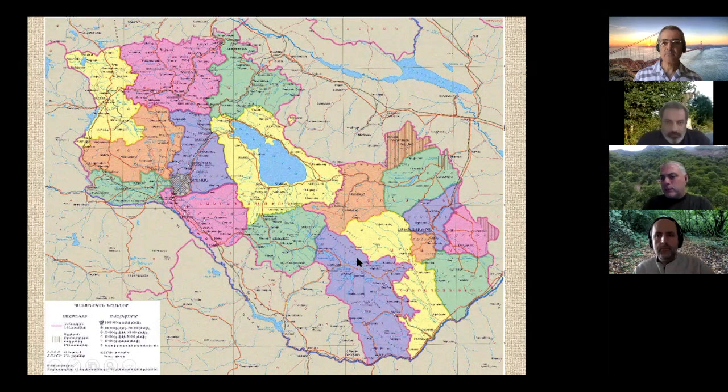But this was the area controlled by our armed forces. Officially, it was the Armenian armed forces and the Artsakh defense forces, which is basically one entity, but officially it was divided into two armies.